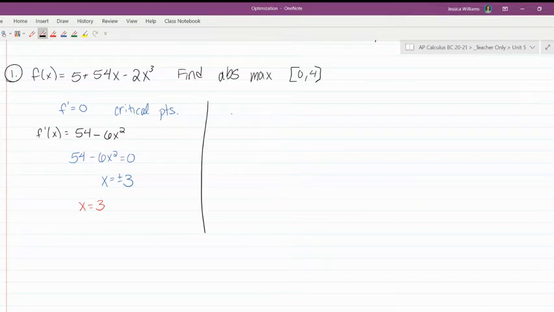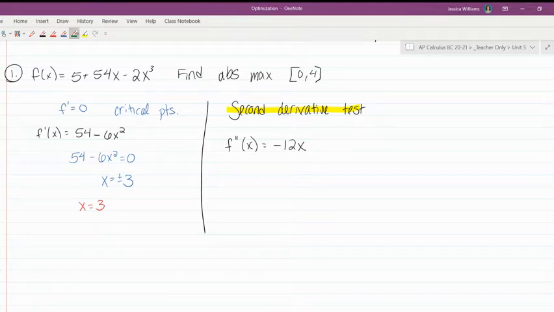Now we're going to do something called the second derivative test. The second derivative test is first going to require that we take a second derivative. So I have my first derivative over there next to me. My second derivative is negative 12x. And if you remember from last week, a second derivative tells you about concavity.